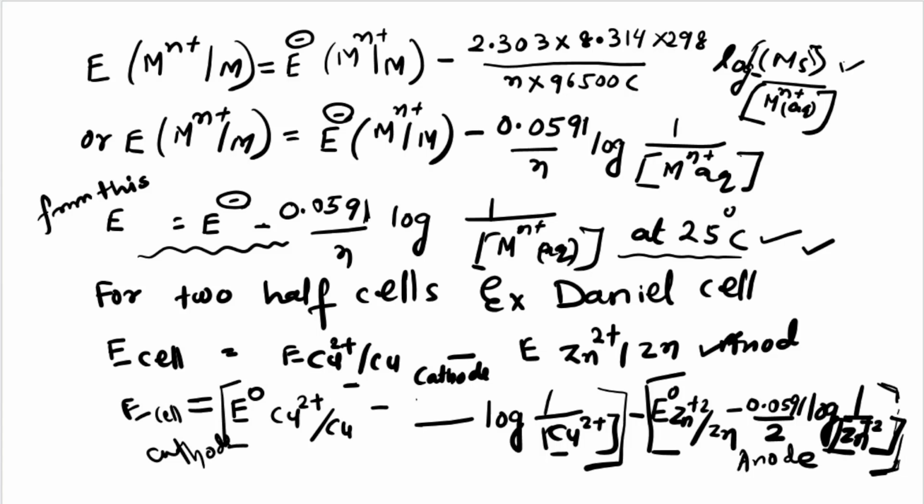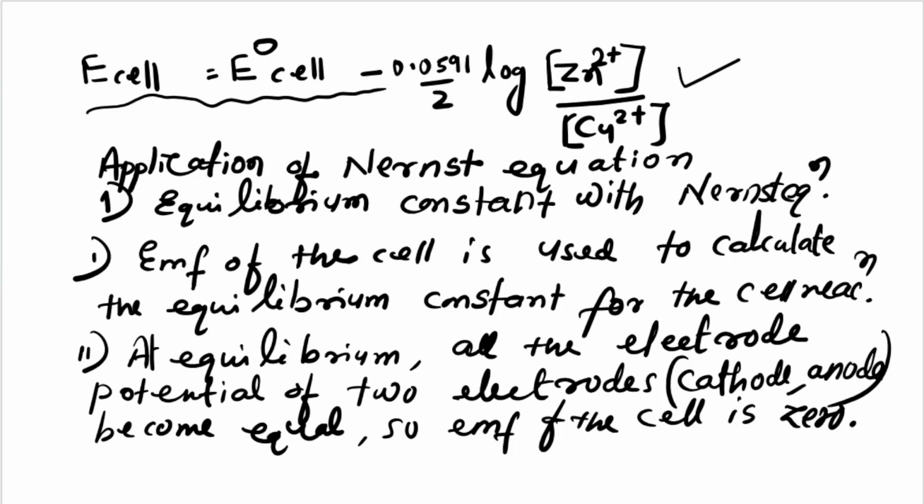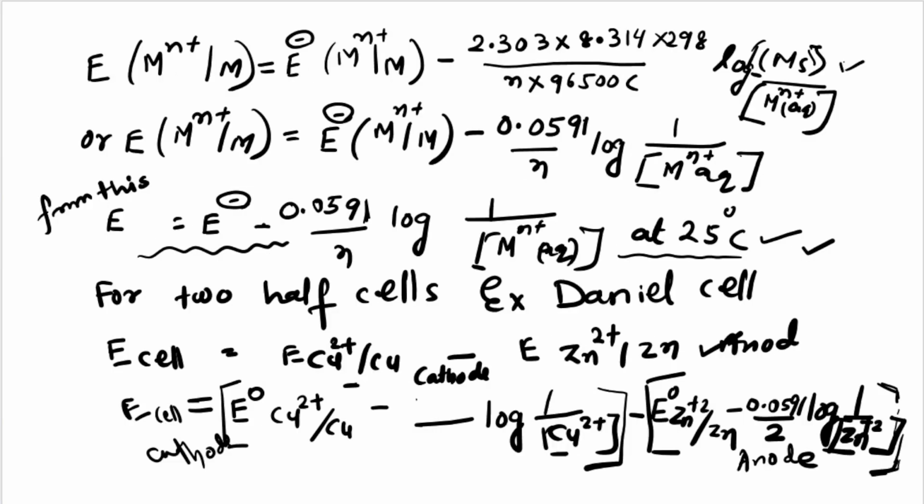So after that calculation you will get the answer: E cell equal to E0 cell minus 0.0591 by 2. This is not Z, this is 2. This 2 means the number of electrons. I hope before that also you have put by 2. So this is the log, yes, log by 2. You should put 2 here, where 2 means the number of electrons.